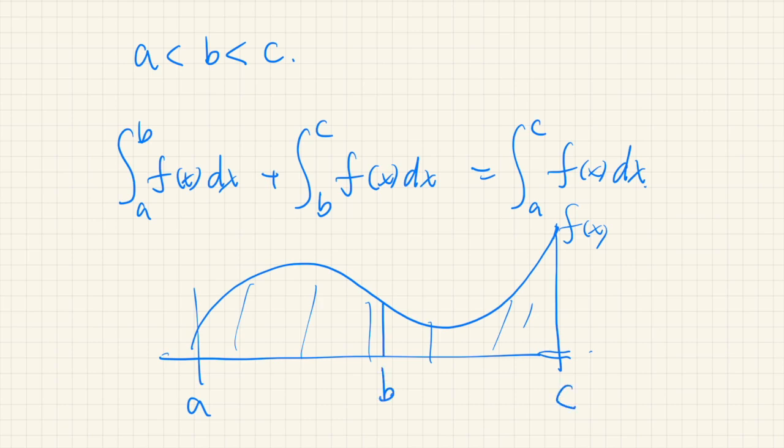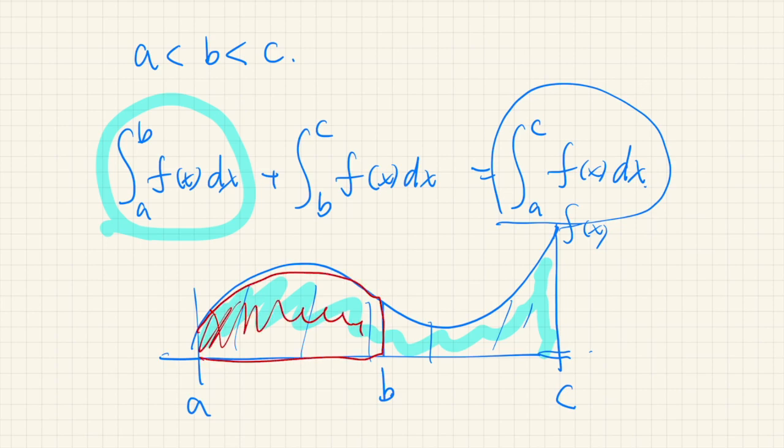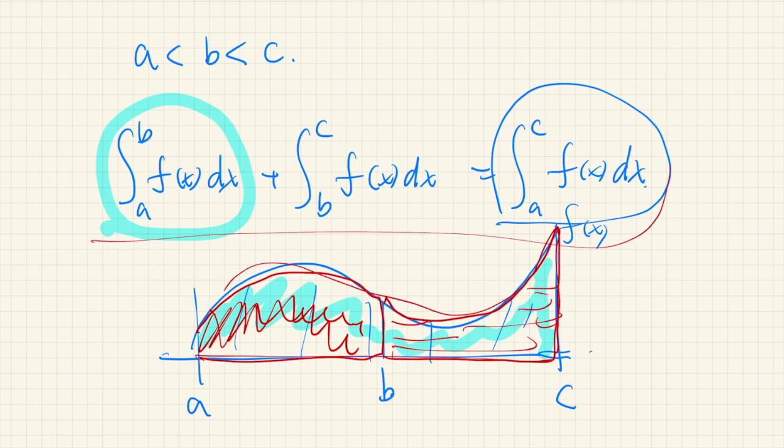The right hand side means this whole area. And the first integral on the left hand side is this area, between a and b. If we add this area to another area between b and c, then we get the entire area. So that's what this equation means.